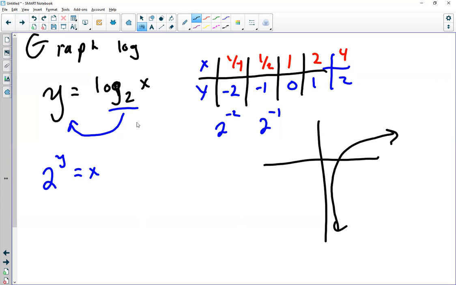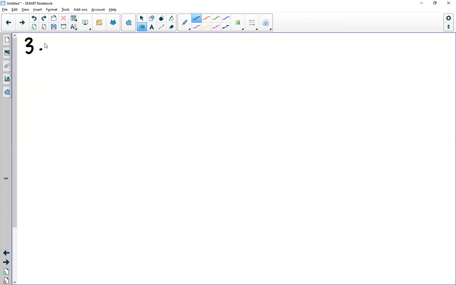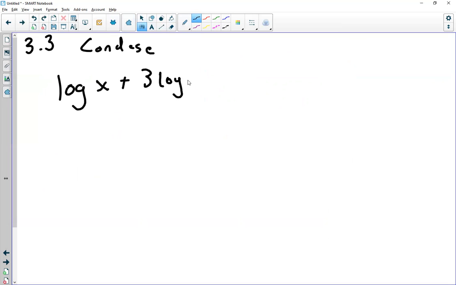That's from 3.2. 3.3 is the most of the stuff we actually use. So that's the condense, expand and stuff like that. So for some condensing questions, let's say like log x plus 3 log y minus 6 log z.